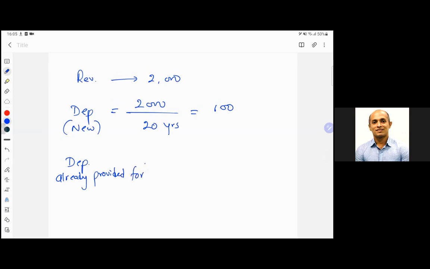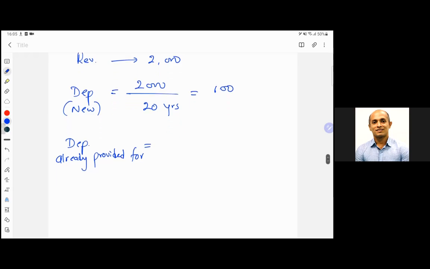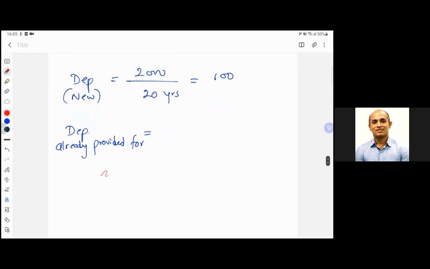You can compare the net book value at the beginning and end. Net book value of the property at the beginning of the year, you compare with the net book value at the end.